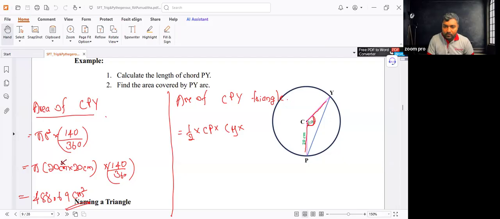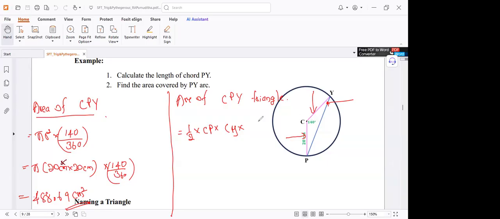So you have to choose the right two sides. If you are choosing CP and CY and you use a different angle, that is wrong. You have to use the angle in between these two sides. Understood that one?